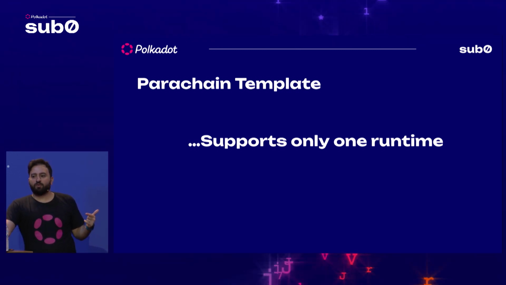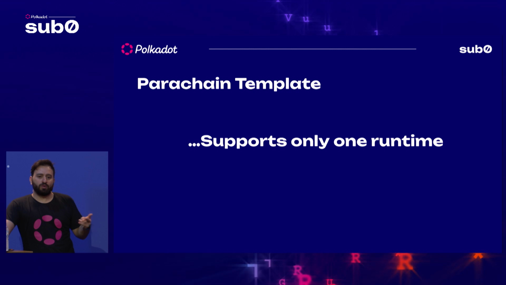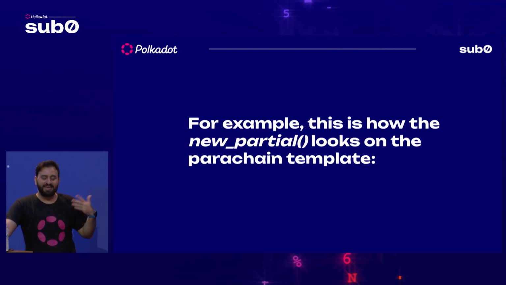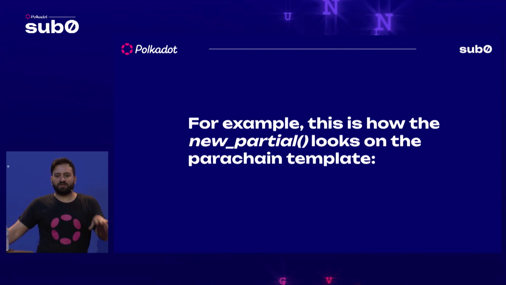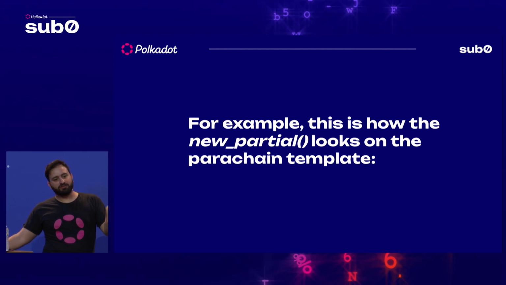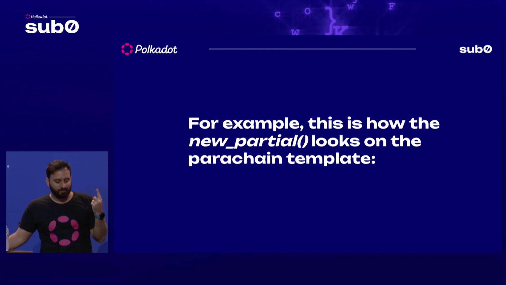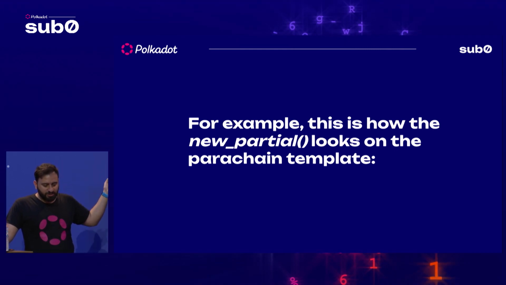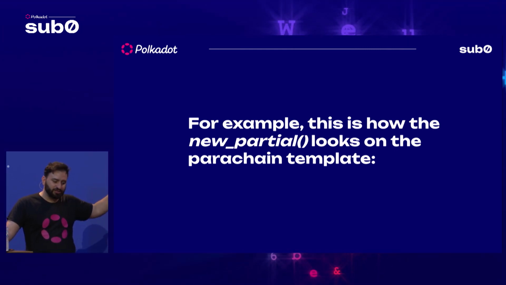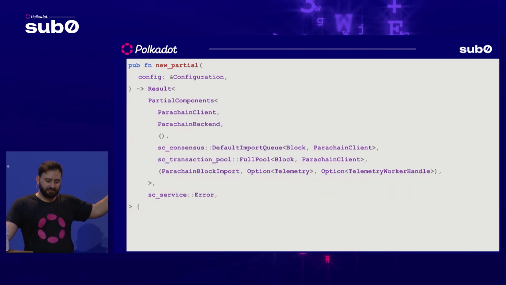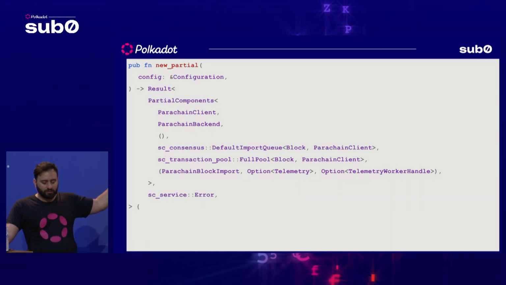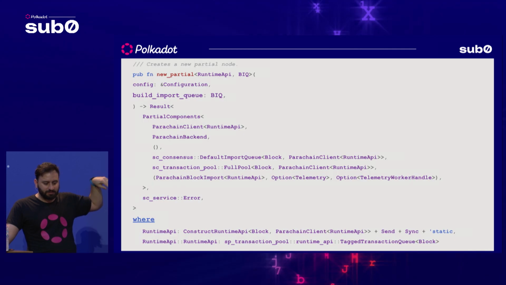So if you want to have two or more runtimes, you need to change a lot of things in the code. For example, the service.rs file and the command.rs file support only one runtime, OK? There is a function in the service file called new_partial that looks like this in the template, and for supporting more than one runtime, it looks something like this.